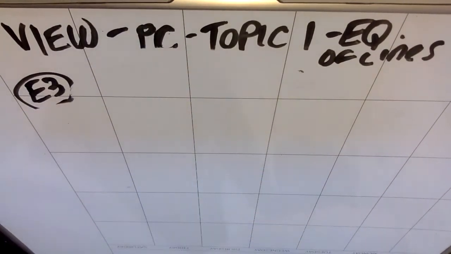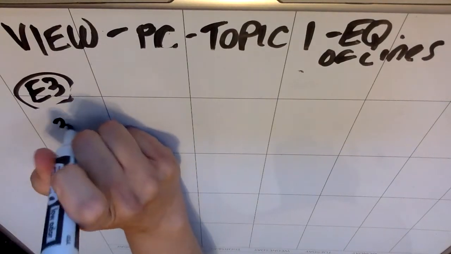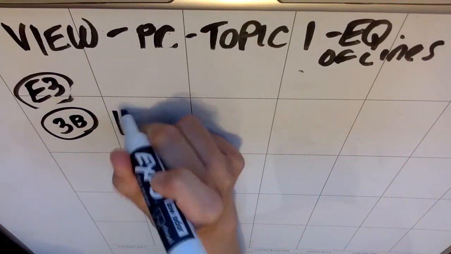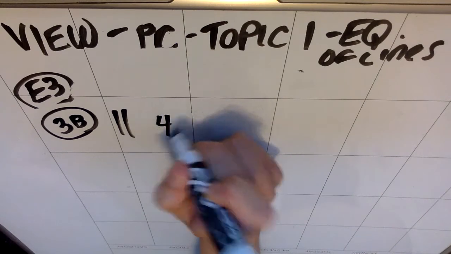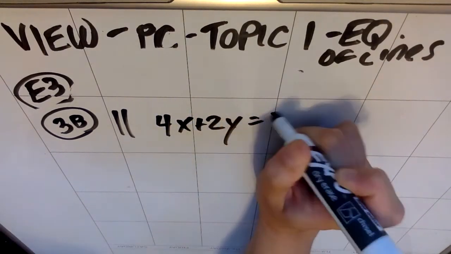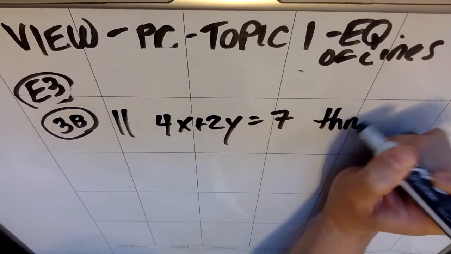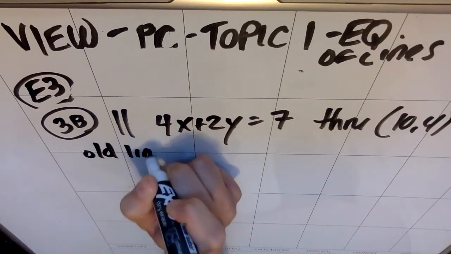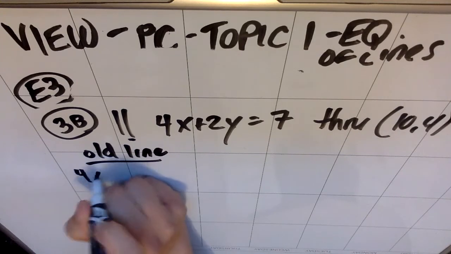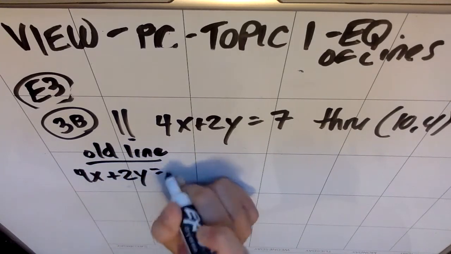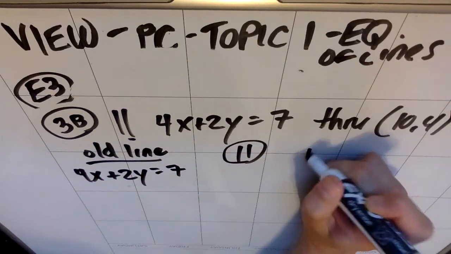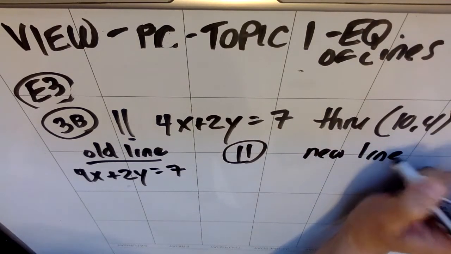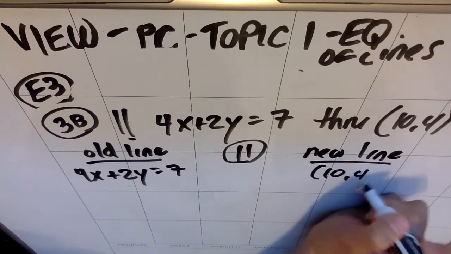So again, example 3, we're still finding parallel lines. For 3b, I want parallel to 4x plus 2y equals 7, and I want something through the point (10, 4). So again, it's helpful to realize that you're looking at two lines. The old line, which is 4x plus 2y equals 7, which is parallel to some new line, and that's the line you're looking for, right?